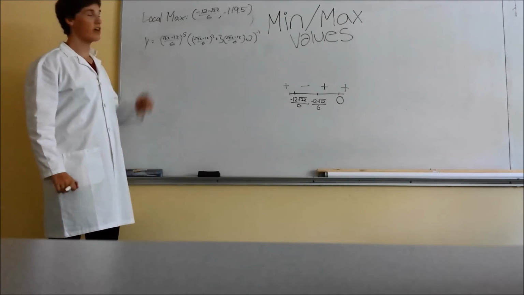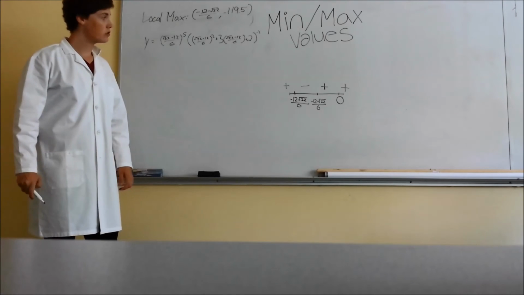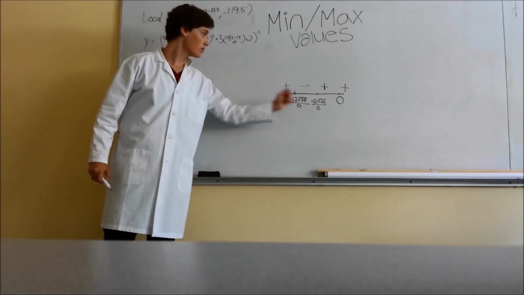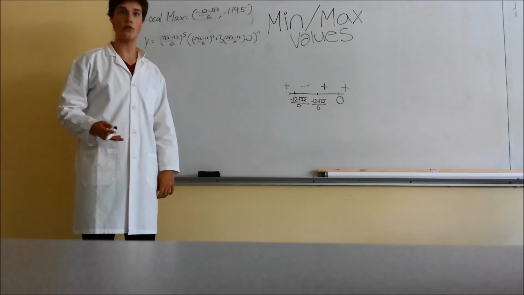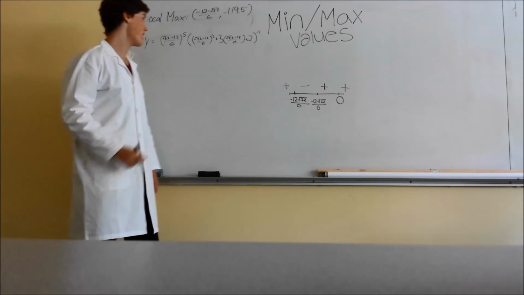Now that we've determined the value at our local maximum, we can check our second critical point, which we've determined to be a local minimum, and determine its y value.